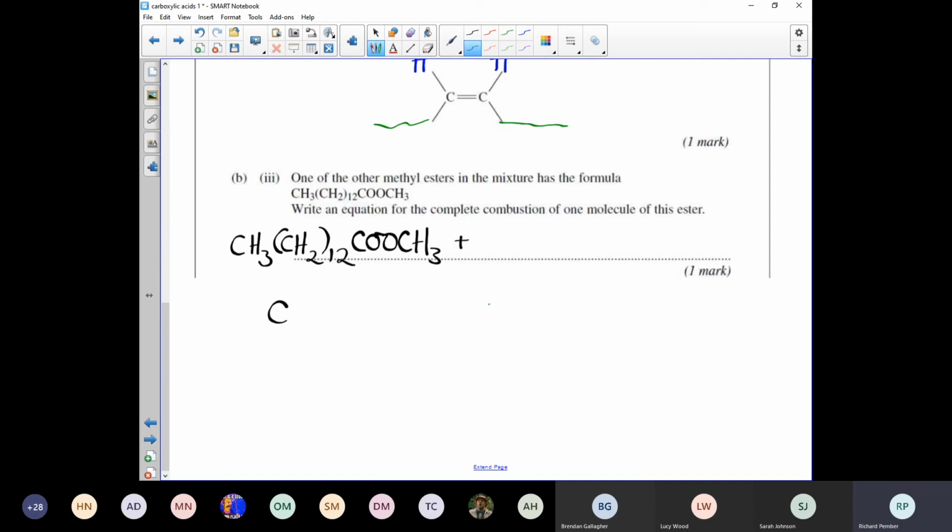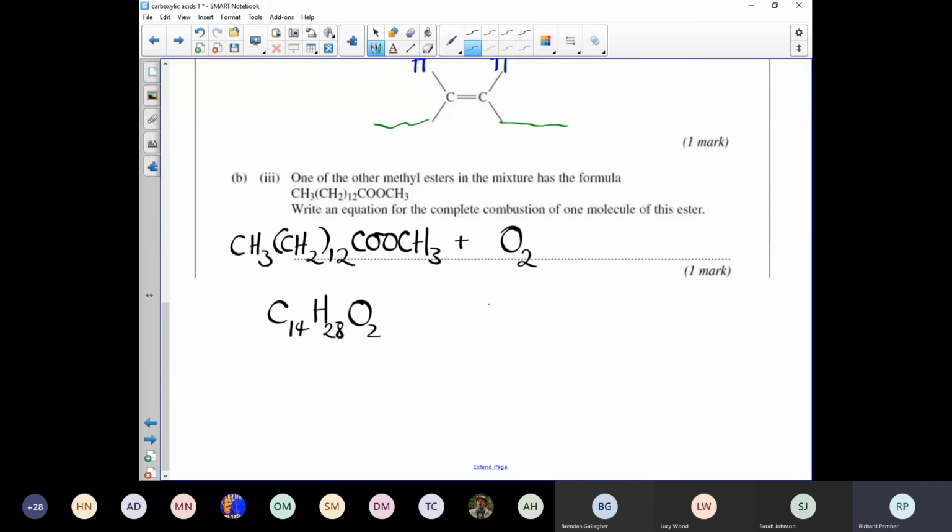So I've got 2 oxygens, that's the easy bit. So I've got 1, 12, 13, 14 carbons, and then let's just get my hydrogens right. So I've got 24 from the CH2s, 25, 28. That might make it easier to balance.